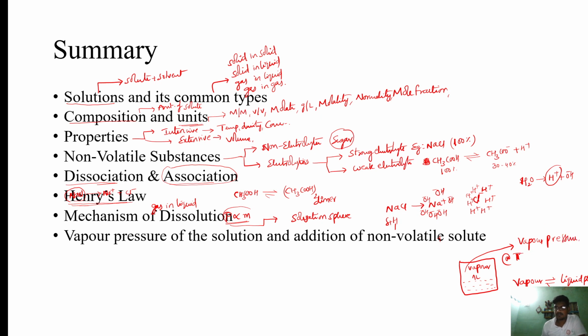See the difference between vapor pressure and the normal pressure that we studied in Henry's law. In Henry's law, we are applying pressure externally. Suppose you have CO2 gas and you want to push it into water to make soda. What we do is externally apply some pressure on this CO2 gas and push it inside the water and lock it, so that the CO2 present in the water does not escape.